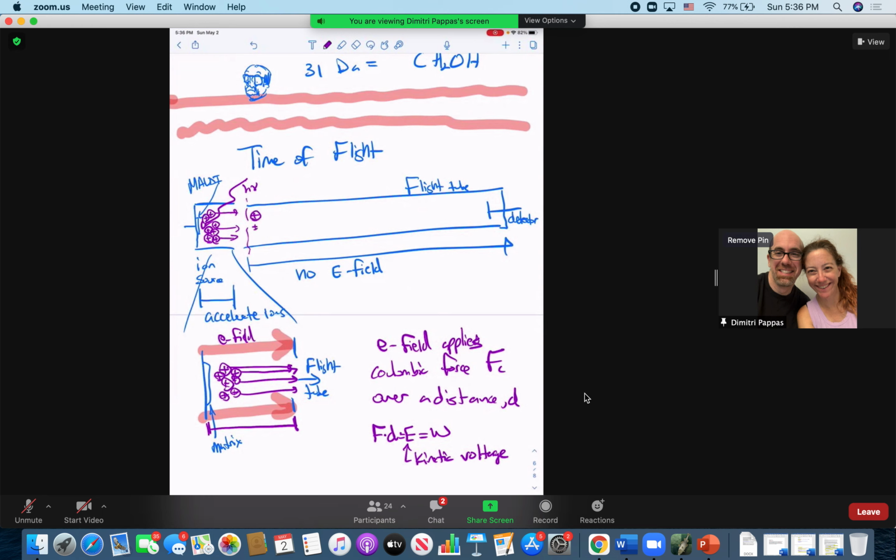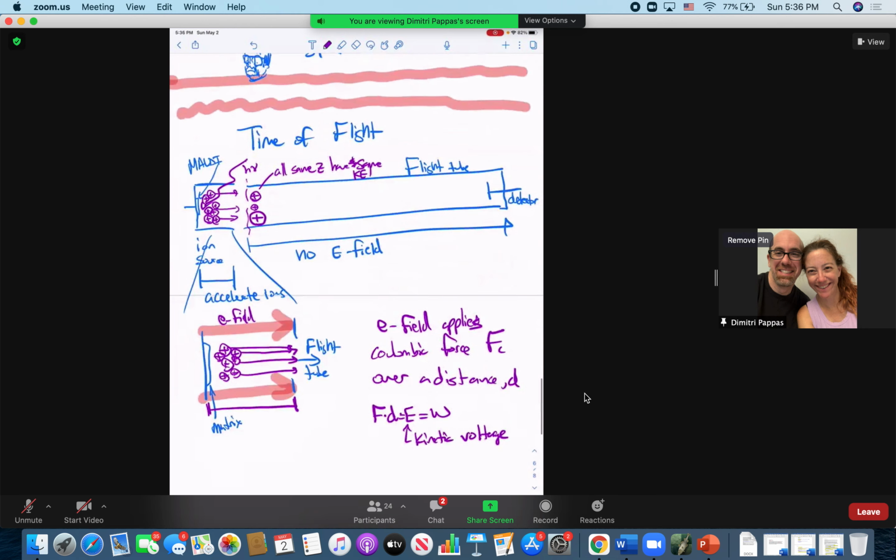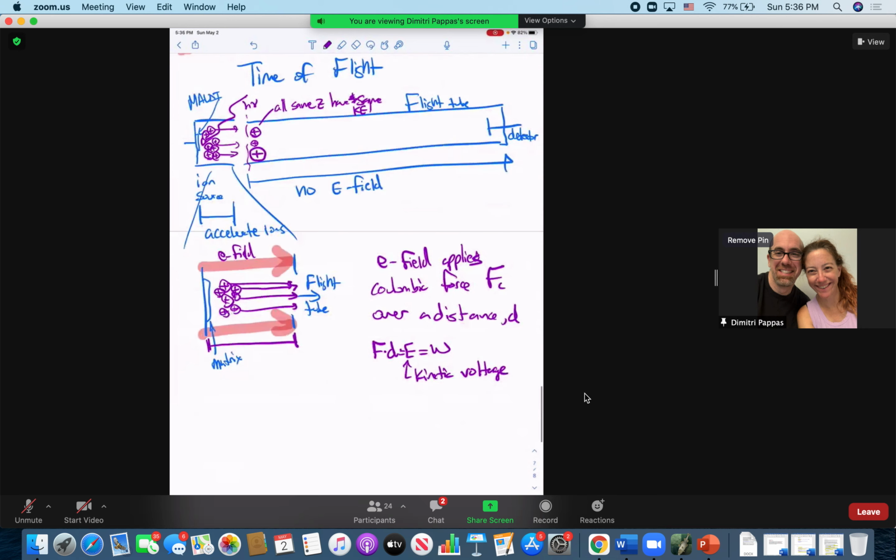you've got ions of different size, all of the same charge, that have the same kinetic energy. Remembering that, here's your flight tube, here's your detector. You've got an ion and a bigger ion.